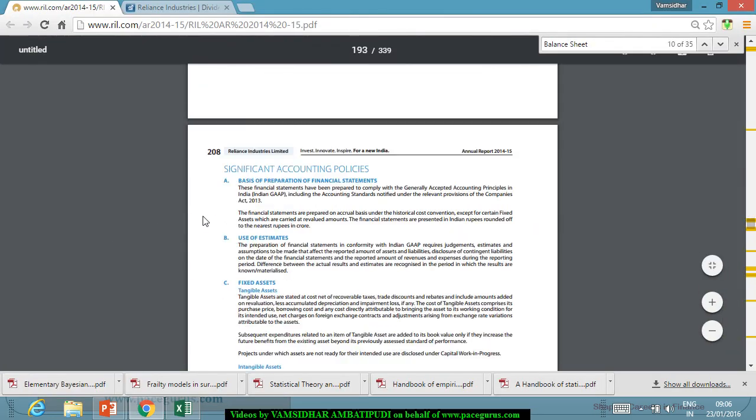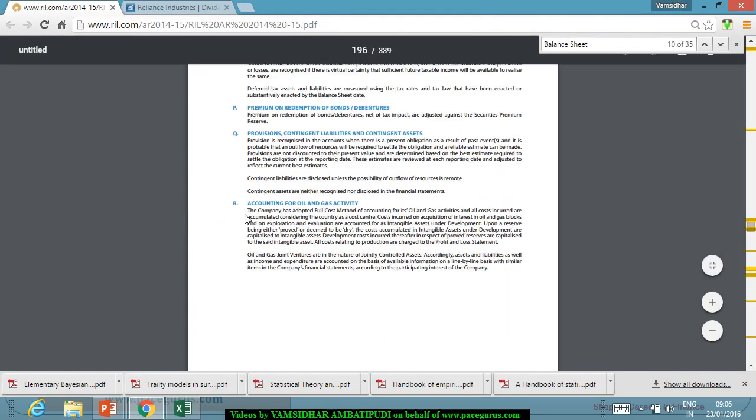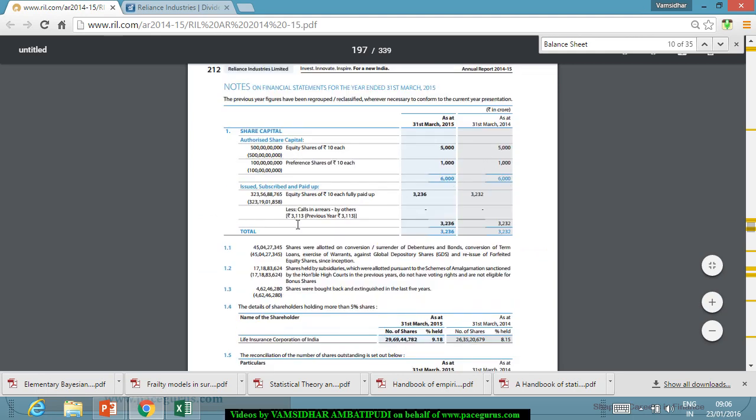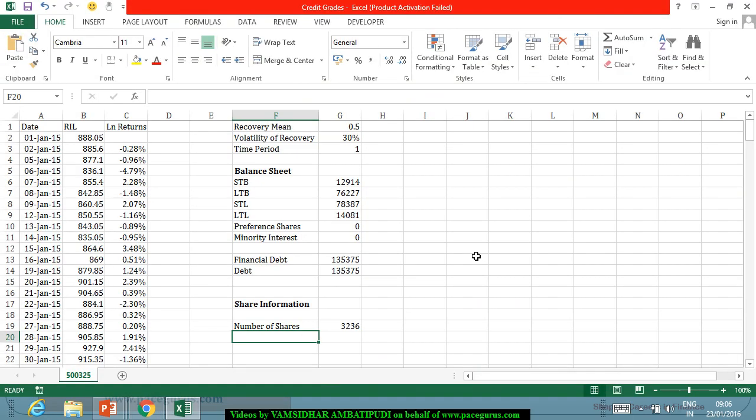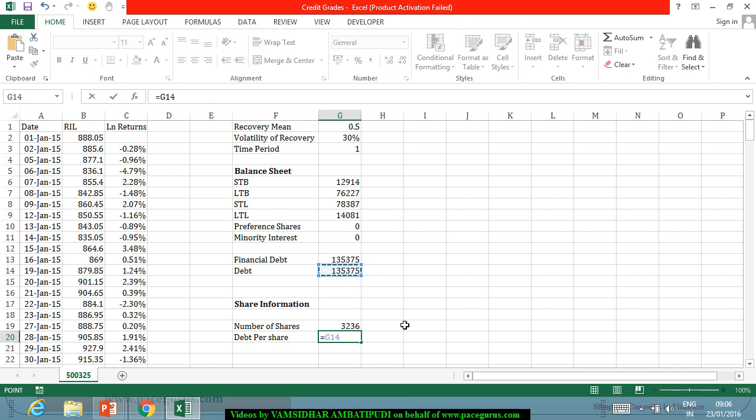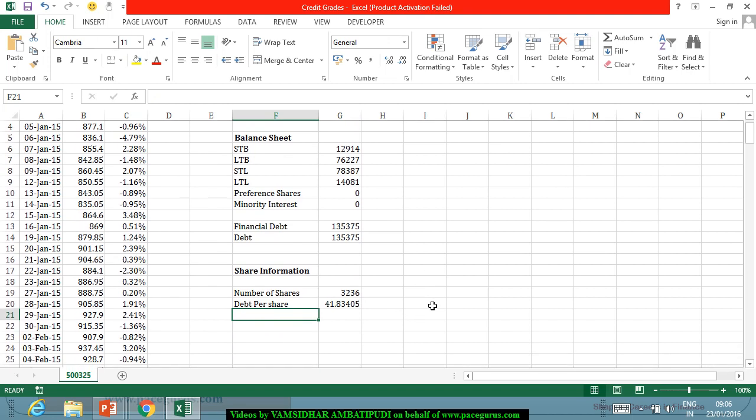So here I could look at the share capital part issued, right? 3236 crores is the total number of shares that they have issued. No preference shares. So this can help me in terms of computing the debt per share, which can come out as this number divided by the number of shares, working out to the debt per share.